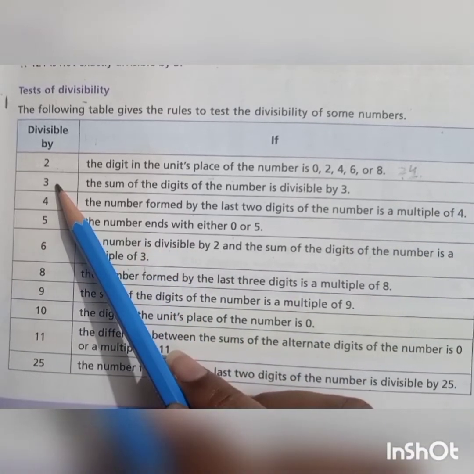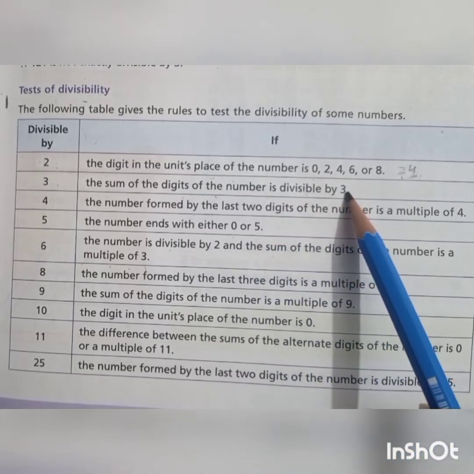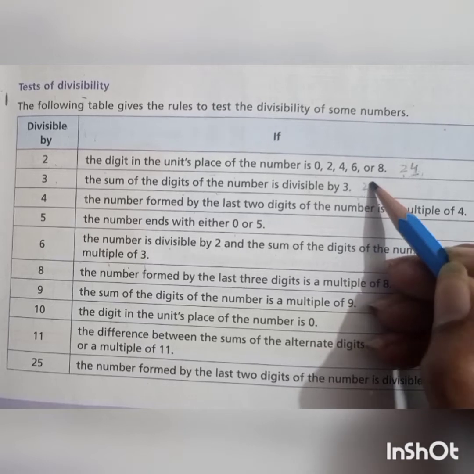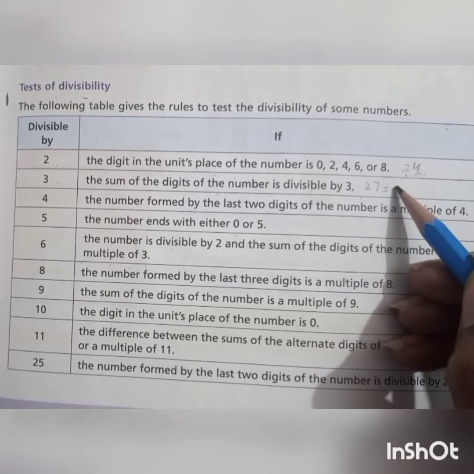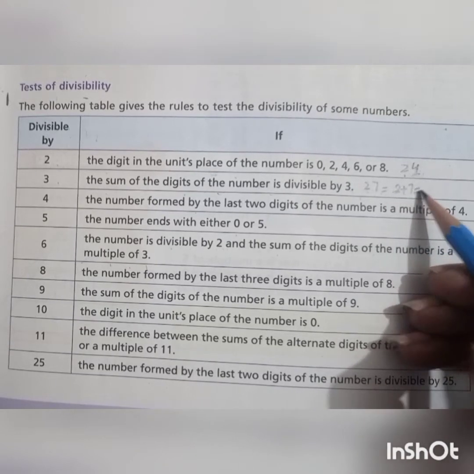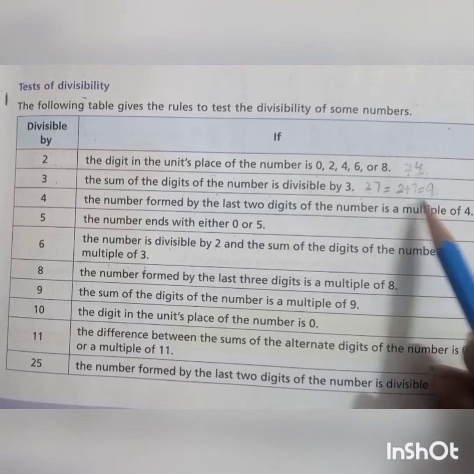3: the sum of the digits of the number is divisible by 3. As we can see here, suppose the number is 27, and now adding up the digits of this number, 2 plus 7 is equal to 9. So we can see that 9 is divisible by 3.